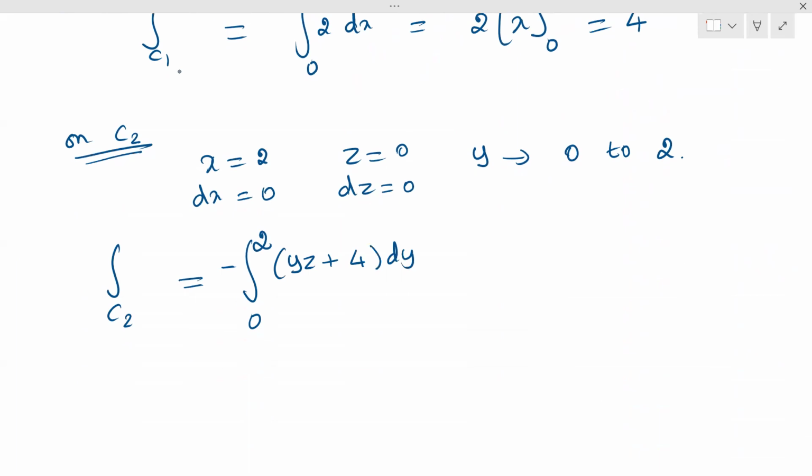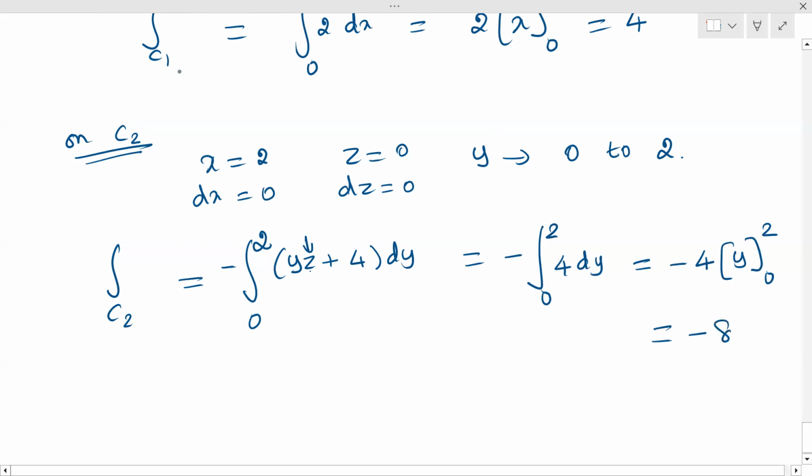But as per the equation, z is also 0, so z equal to 0 means the yz term becomes 0. So we are having only 4 dy. So it is minus 4 times the integration of dy from 0 to 2, which is equal to minus 8.